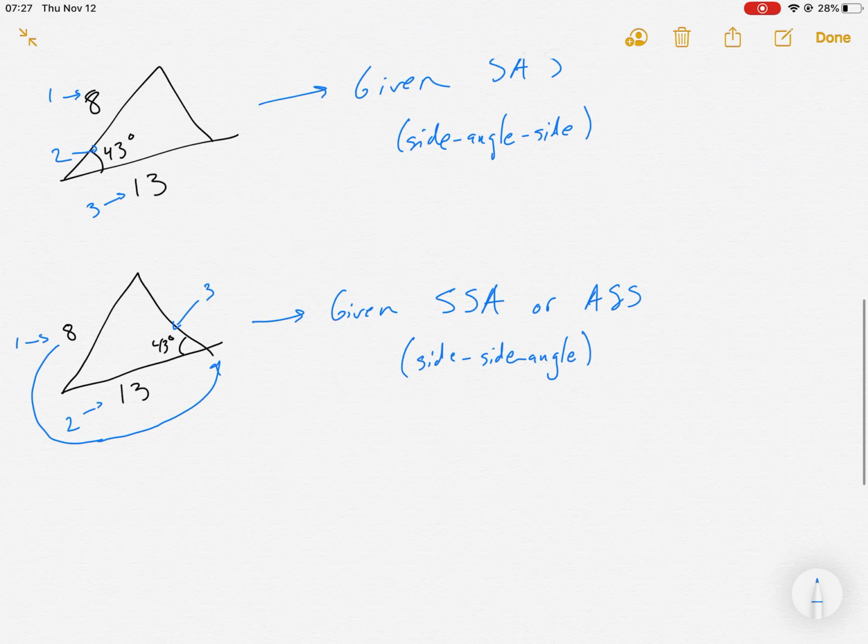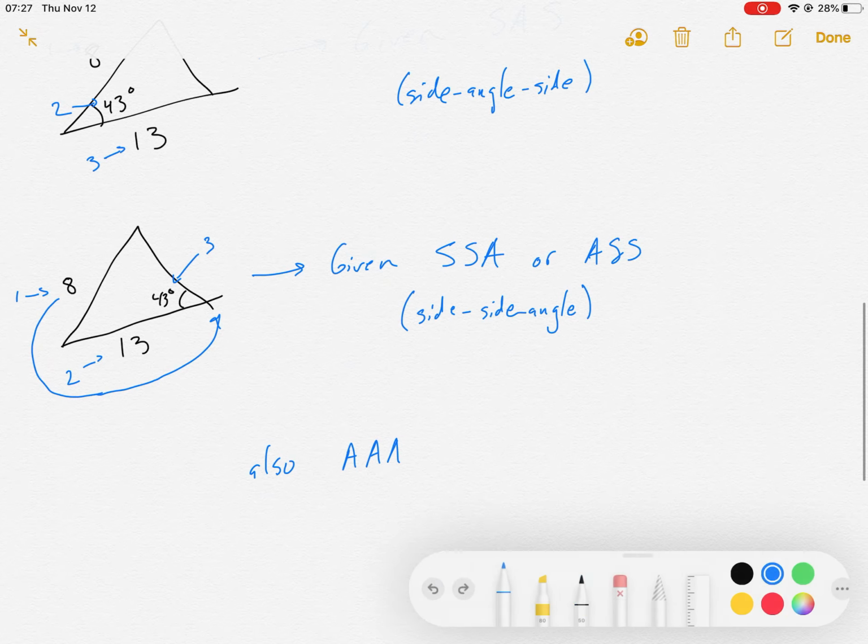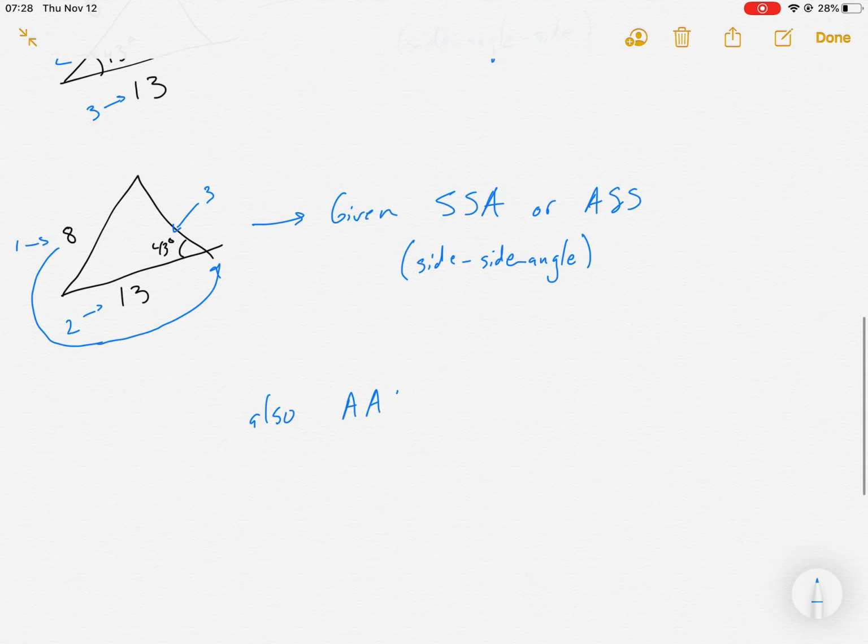So there's more. There's also, I won't draw the triangle for each, but you might have AAS. Whoops, that's not an S. Or this could be SAA, or you could also do ASA.